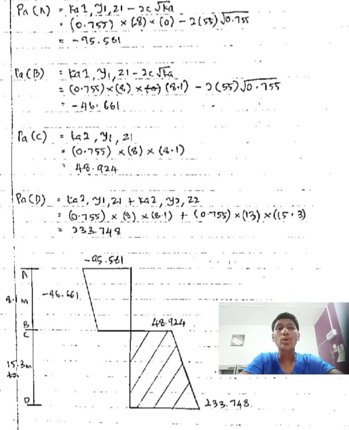The diagram below is based from calculation PAA, PAB, PAC and PAD. PAA and PAB we get negative, so we draw it to the left side, where PAC and PAD we get positive, so we will draw to the right side.